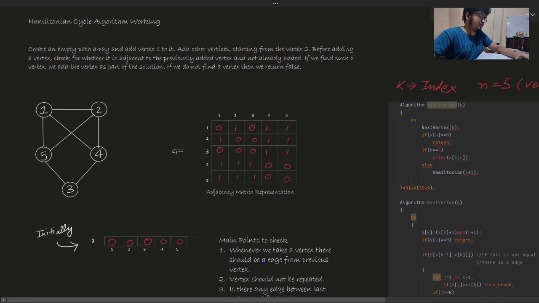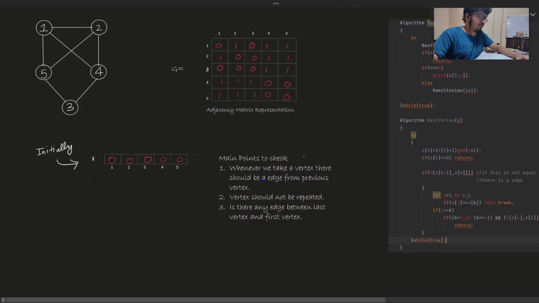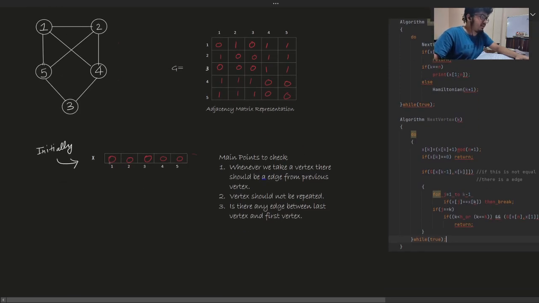Now this is a graph, and this is its adjacency matrix representation. First we make a 1D array of size V, or we can say n, where n is equal to 5.